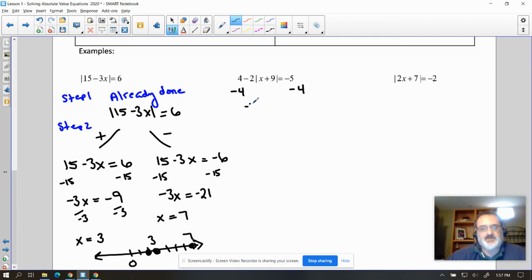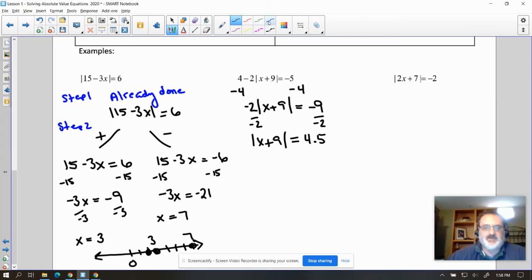And negative 2 on the outside of the absolute value of x plus 9 comes down equal to negative 9. Then we divide both sides by negative 2. So x plus 9, still an absolute value, equals 4.5, or 9 over 2, however you want to write it. I'm just going to write 4.5.